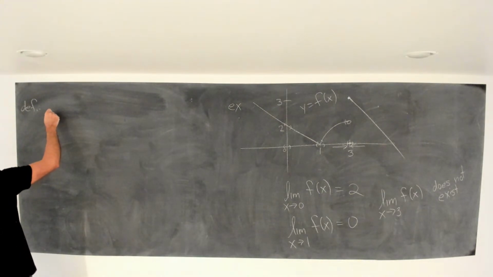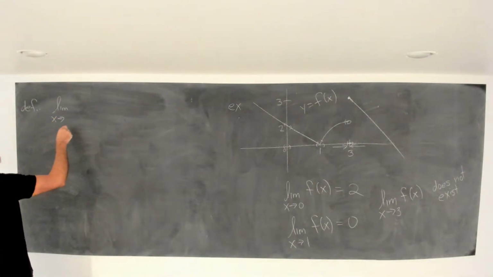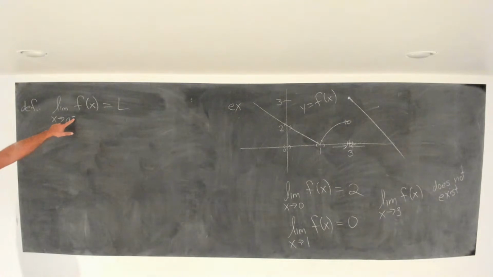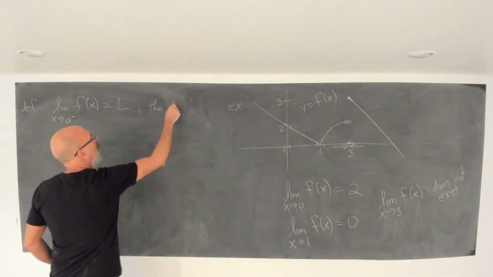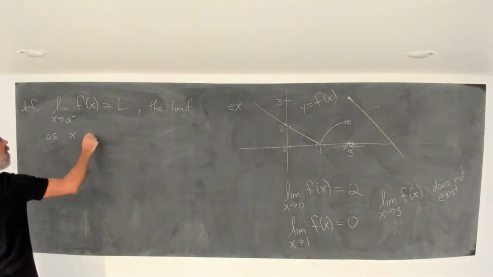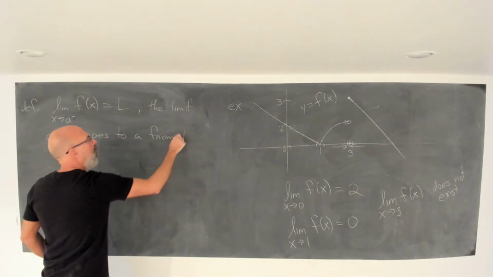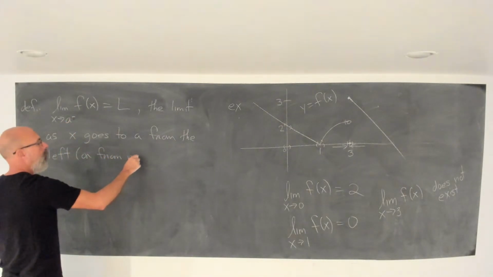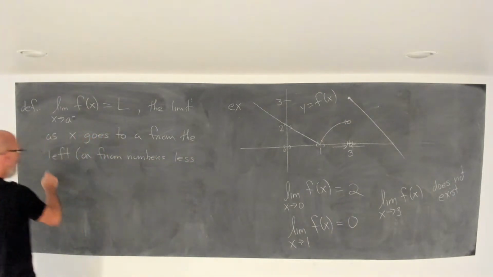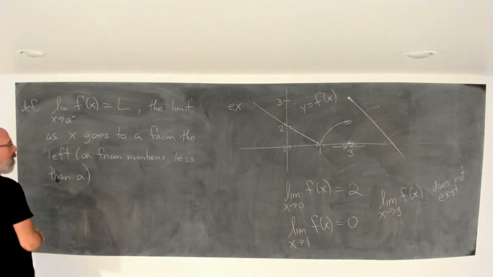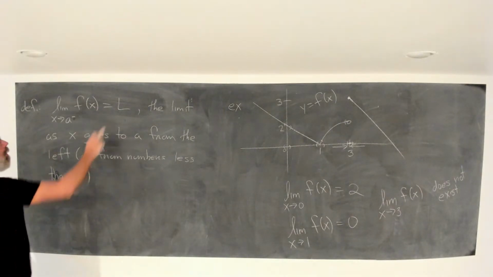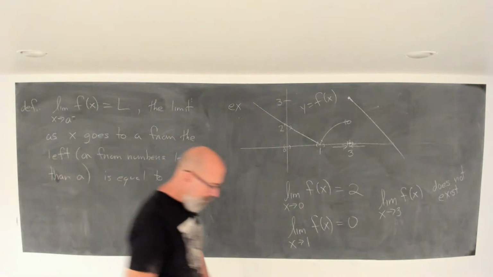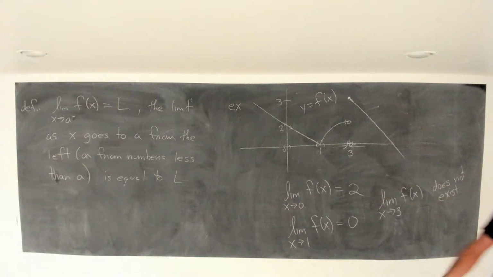Definition: the limit as x goes to a from the left, or from numbers less than a, is equal to L. Let's just readjust the definition we had for the usual limit.